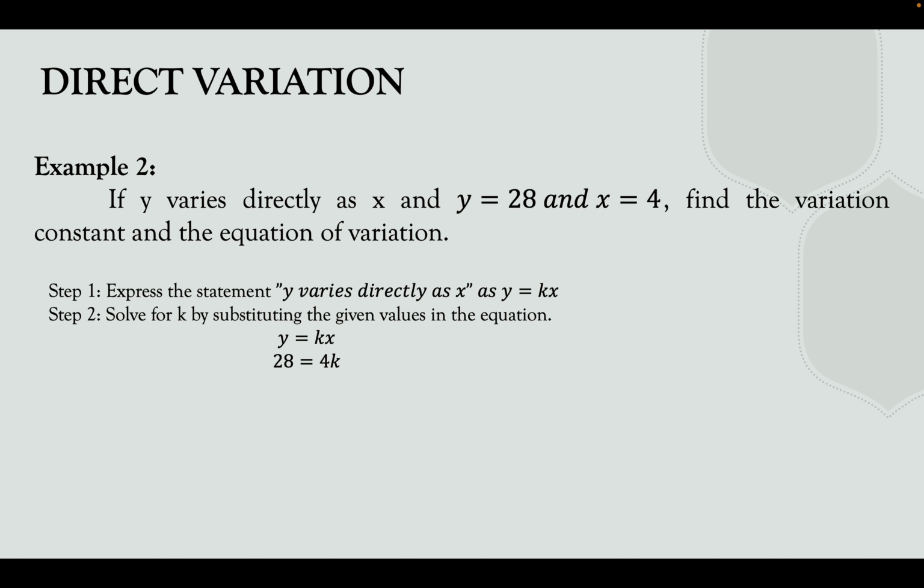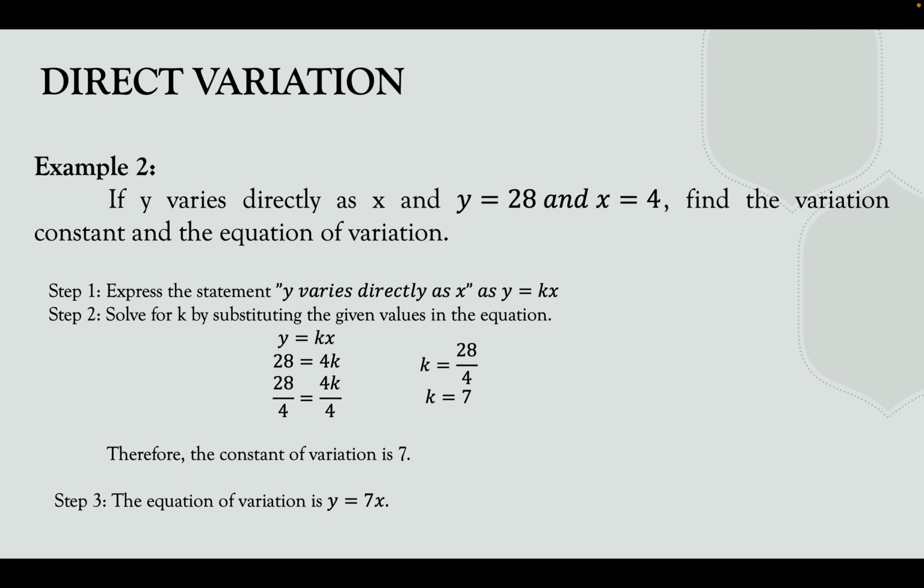So we have y equals 28 and x equals 4. So we have 28 equals 4k. Divide both sides by 4, we have k equals 28 over 4. So 28 over 4, that is 7. So that means the constant of variation is 7, and the equation of variation is y equals 7x.